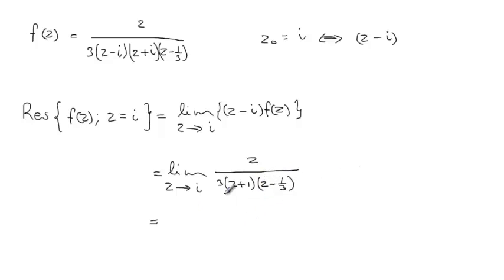So we can compute the limit by simply plugging in i into the expression and then simplifying, which will give us i over 3 times (i + i) multiplied by (i − 1/3).